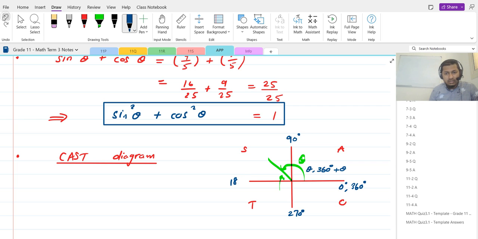Remember, if this is 180 minus theta, then this will become 180 plus theta, because you're going forward. Just after 180 is 180 plus theta.